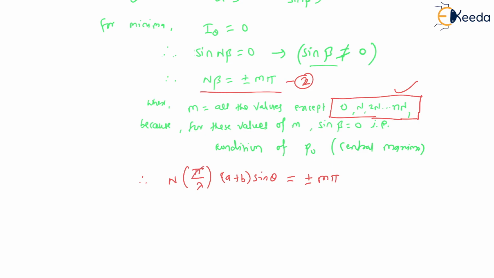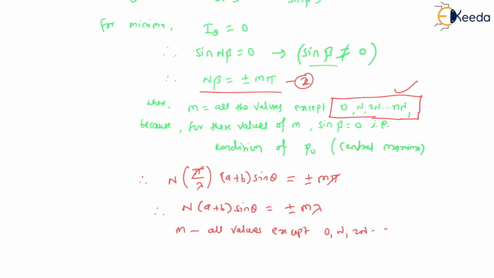On both sides pi will get cancelled, and we get n into (a plus b) into sine theta equal to plus minus m lambda. Again here, m will have all values except 0, n, 2n, and so on.